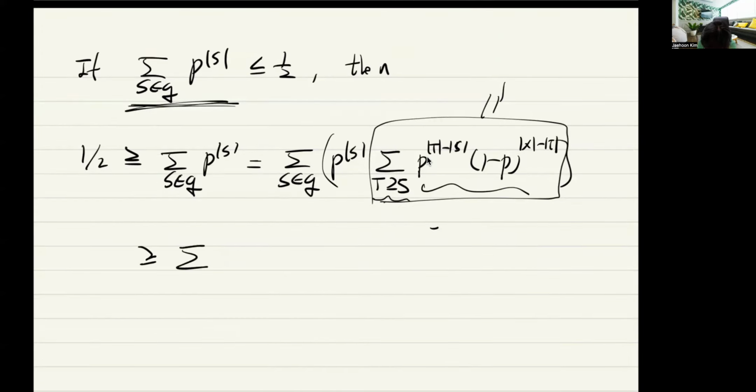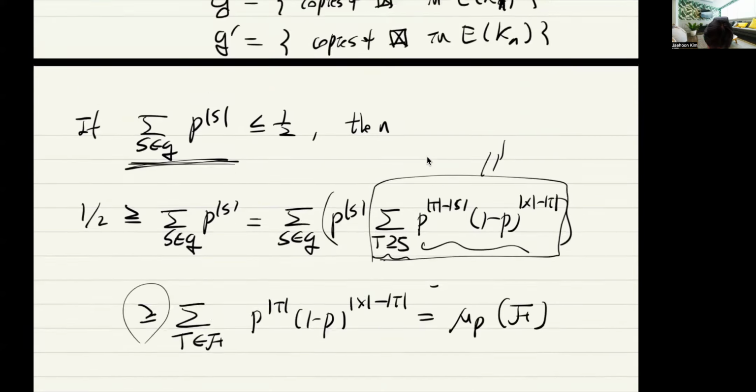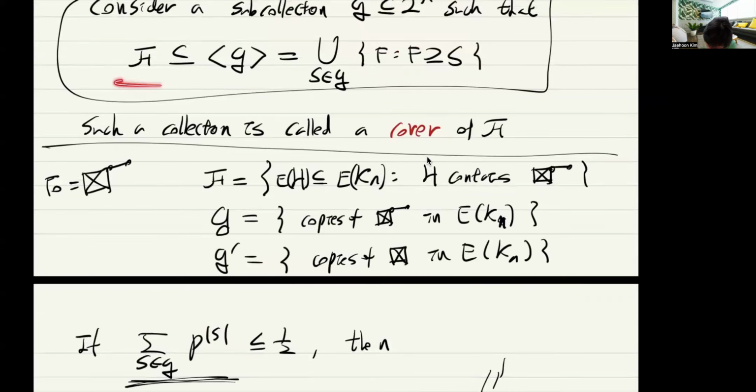And this is you take all T in F, and then you compute this one, which is like mu sub P of this F. And this inequality holds because this holds.